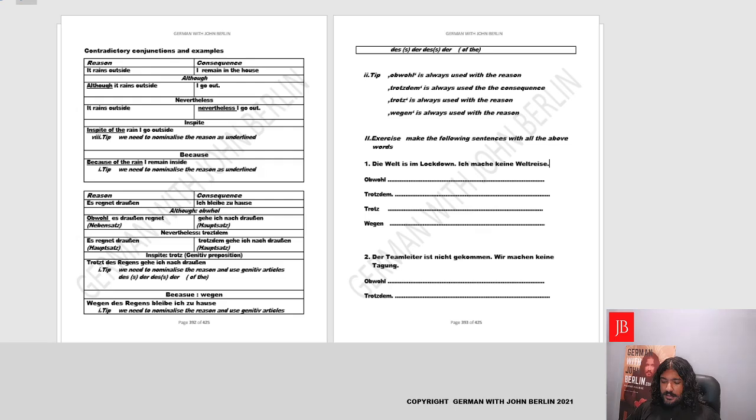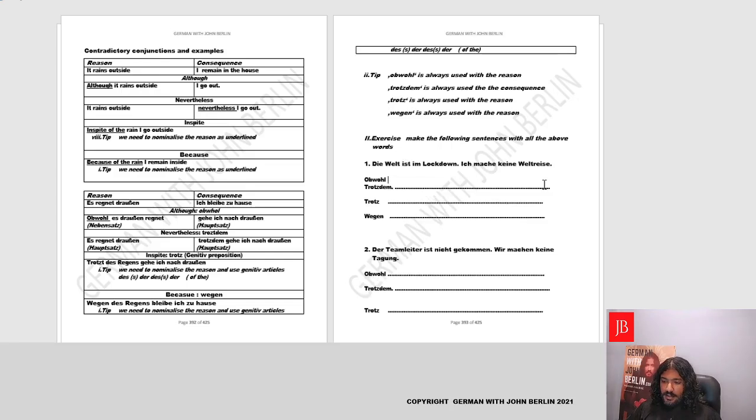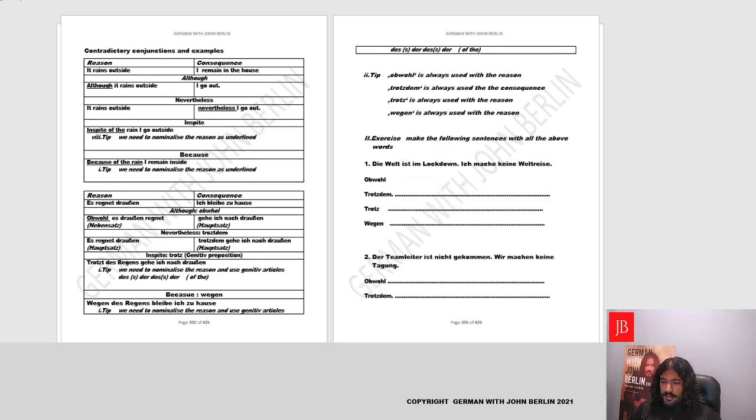And yes, so we begin with the first conjunction, obwohl. We use it with the reason. The reason is this, die Welt ist im Lockdown. Now it's a Nebensatz, so basically the verb will go in the end. So we could write here, obwohl die Welt im Lockdown ist.